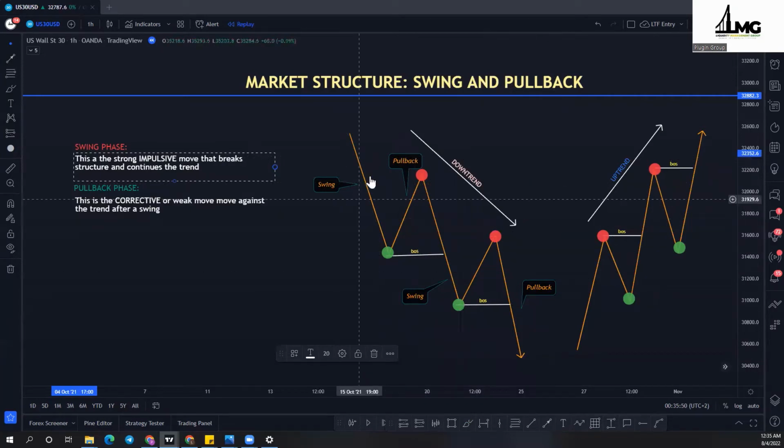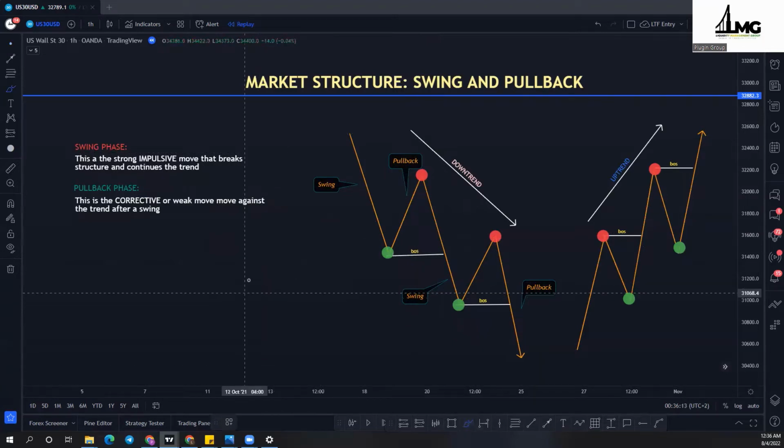So as you can see evidently, the swings are usually strong movements that break structure to the downside. And then the pullbacks are usually corrective movements, right, against the trend before we actually see the swing, right? So in most cases, the pullbacks are actually corrective, meaning that they are slow in movement, they are weak, right?